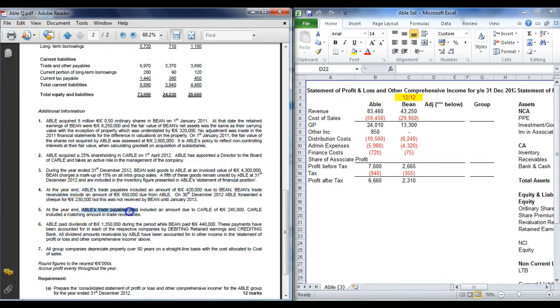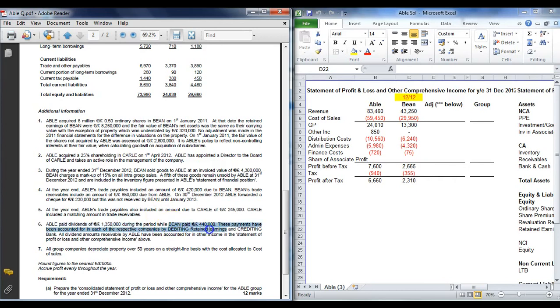You also have intercompany balances between the parent and the associate. So again, there are particular rules under IAS 28 for how you deal with those. We'll come back to that. And the final thing then, as we've highlighted before, Able paid dividends during the year. So again, that's the parent paying a dividend. That will be relevant for our statement of changes in equity.